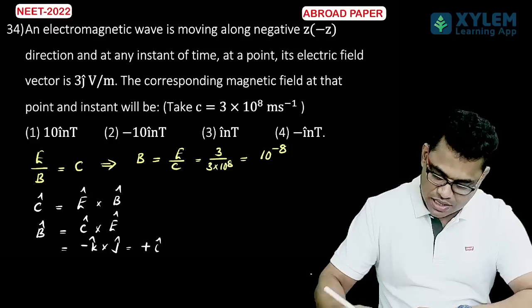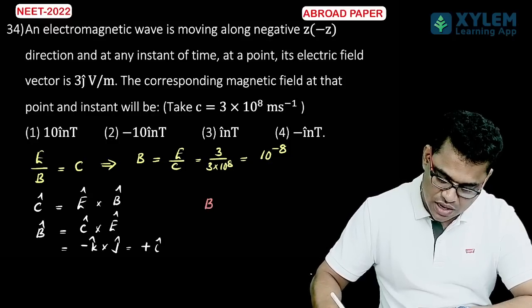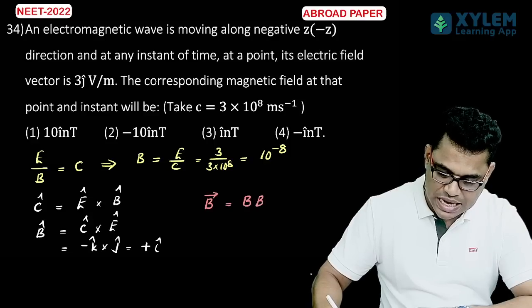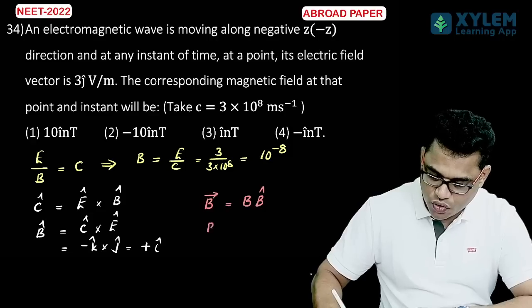Therefore, how will you write the answer? Magnetic field is equal to its magnitude into its direction, isn't it? Magnitude we got.